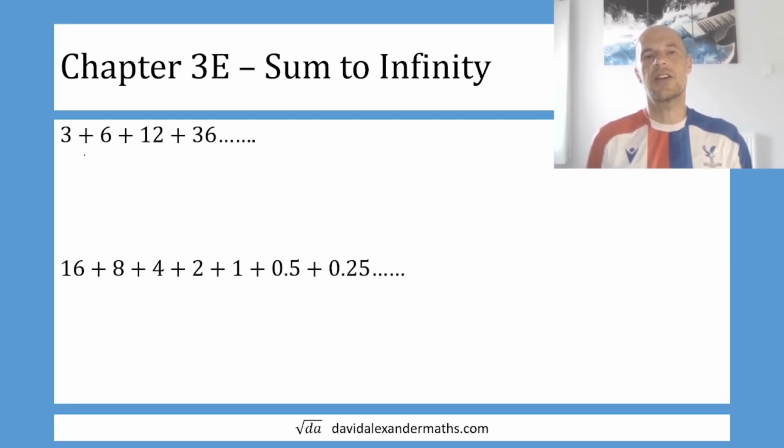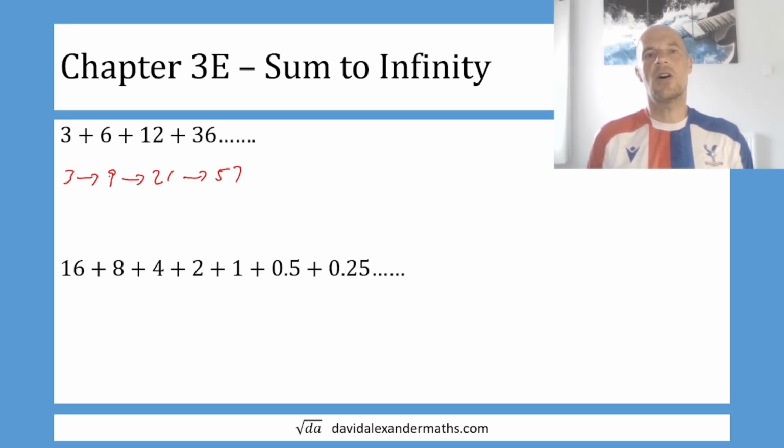If we look at this first series, we're doing 3 plus 6 plus 12, so each subsequent term is double the previous one. So we're starting off at 3, then if we're adding 6 to that, that's taking us from 3 up to 9, then we're adding 12, that's taking us up to 21, then we're adding 24, that's taking us up to 45.